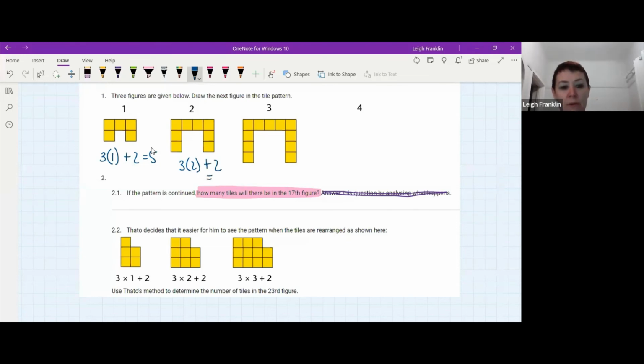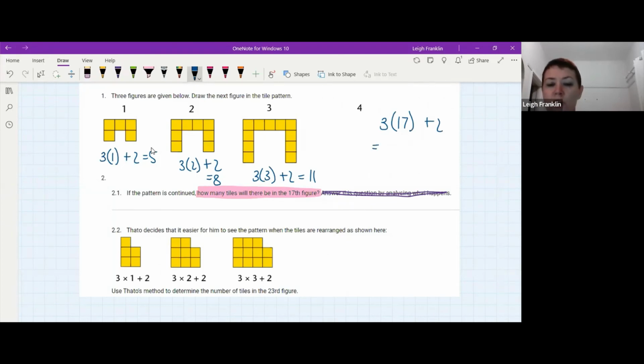Good. And then here you said 3 times 3 plus 2 gives us 11. Exactly. So now when you wanted to work out the 17th figure, you said 3 times 17 plus 2.